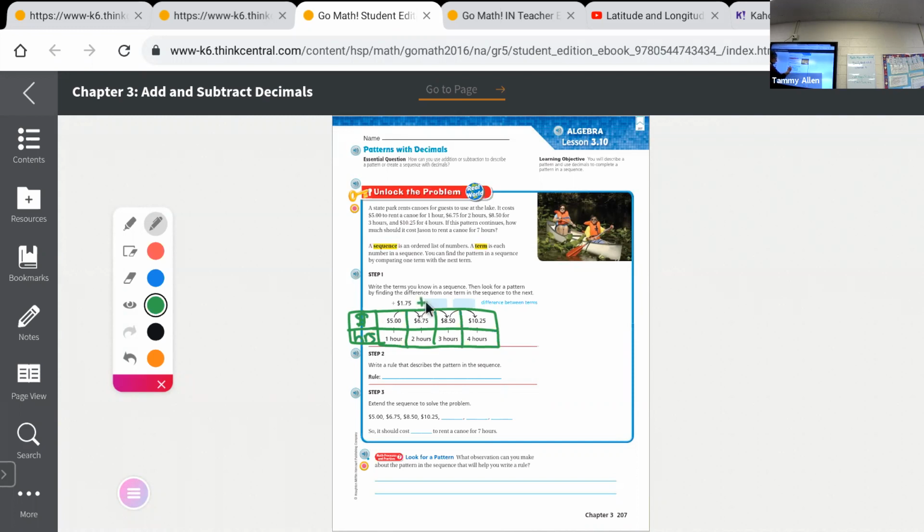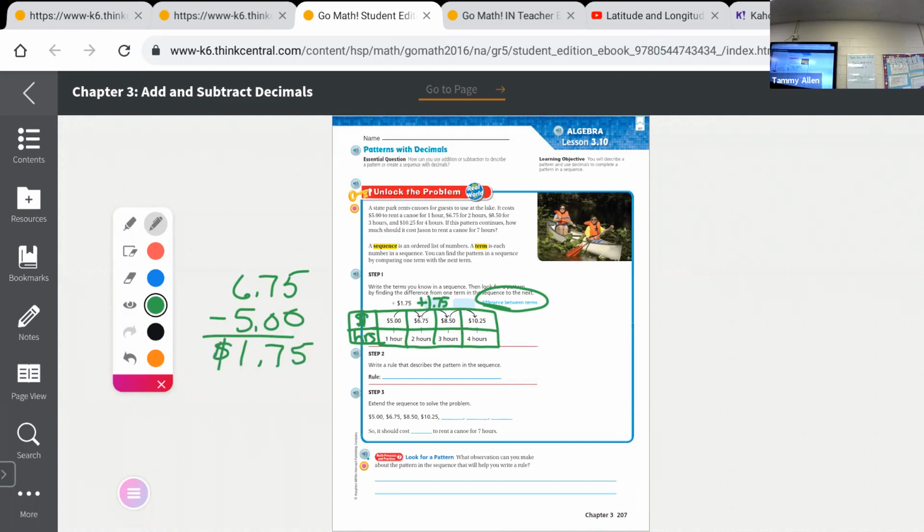So we're adding $1.75 each time. Okay? Well, how do you come up with that amount? Well, you don't magically have that appear. You look at the difference between the two terms. You're going to have to go backwards. You would take $6.75 and subtract off the $5. And you get that $1.75.